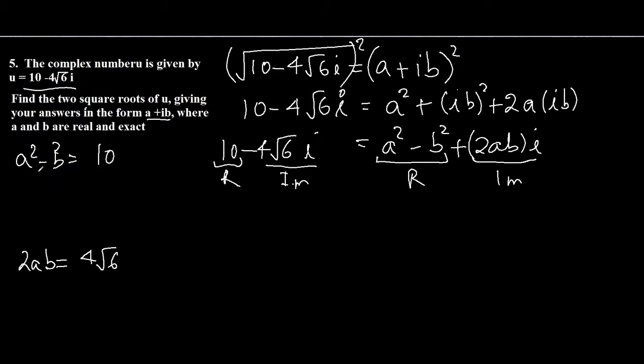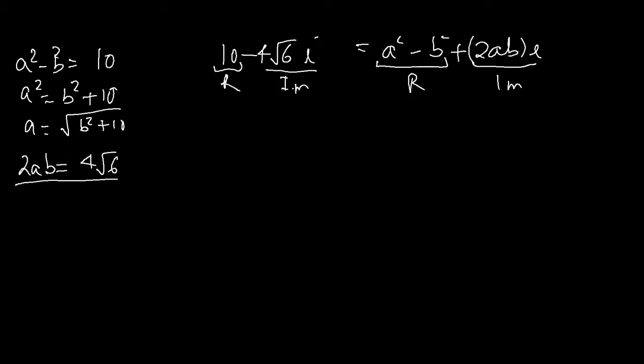So I will do what? I will write a square equals b square plus 10, and a becomes square root of b square plus 10. That we will use here. Let's use it properly. So 2 times square root of b square plus 10 times b equals 4 square root 6.